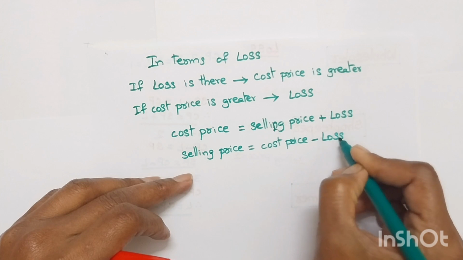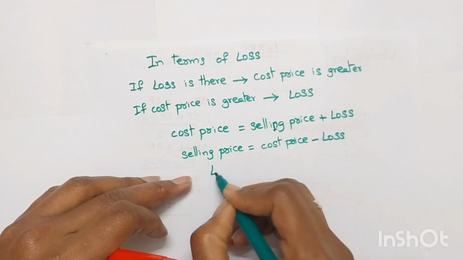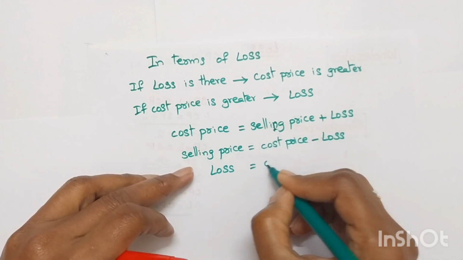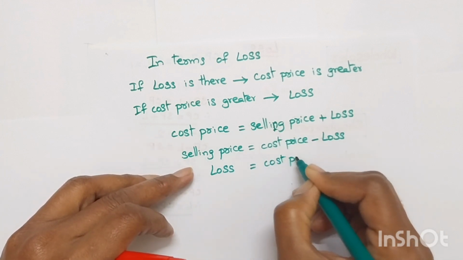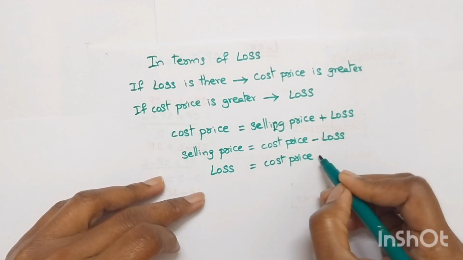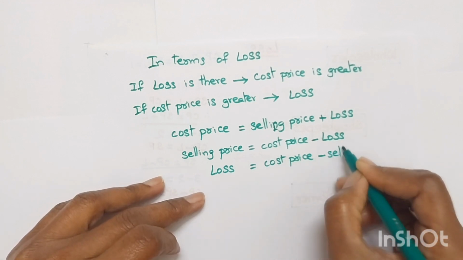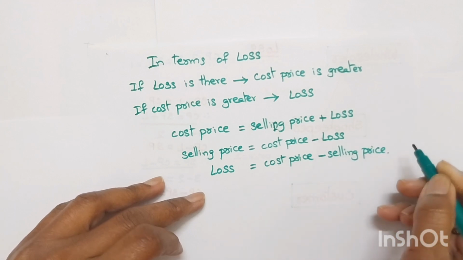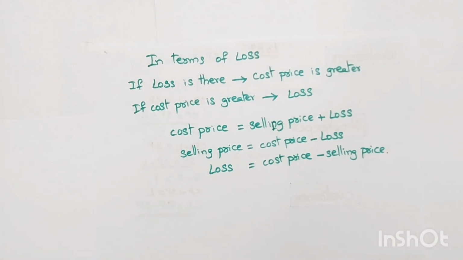Loss. Now I want the value of loss. Loss equals the greater value, cost price, minus the remaining one, selling price. These are the formulas we need to keep in mind.